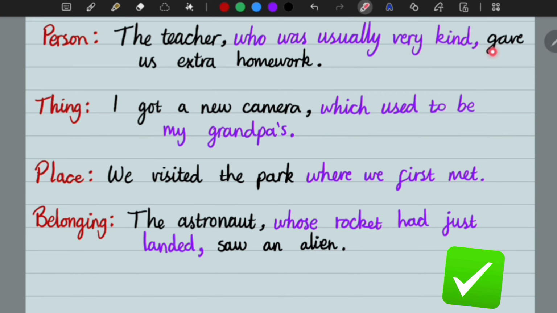The teacher gave us extra homework. In comparison, the relative clause does not make sense on its own. Who was usually very kind, which used to be my grandpa's. Where we first met. Whose rocket had just landed. It's a good way for you to tell if you've done it right or not.